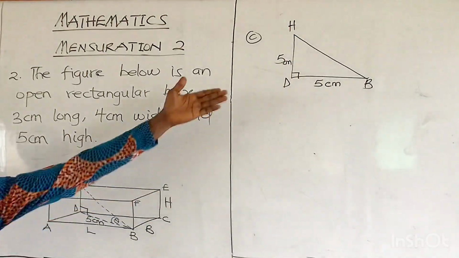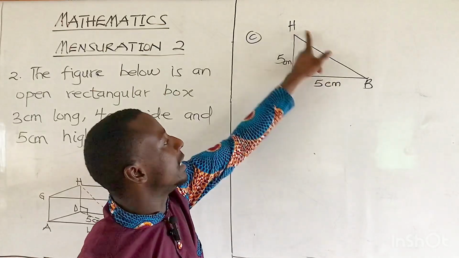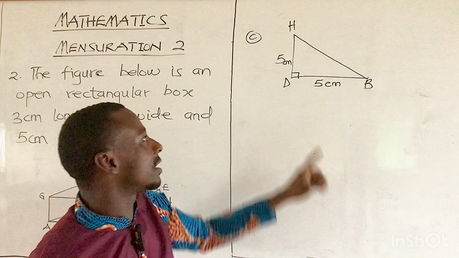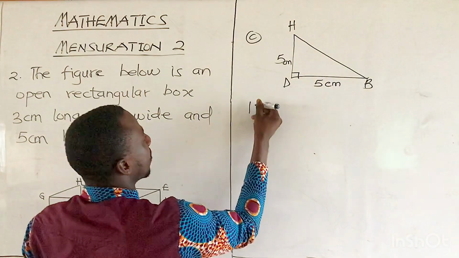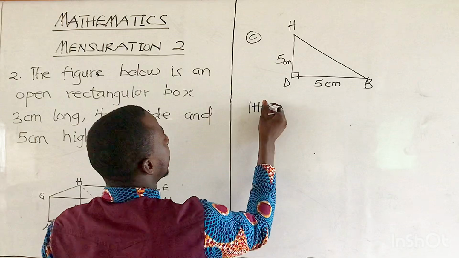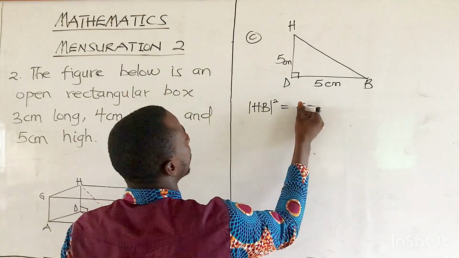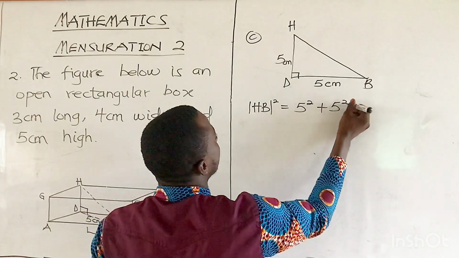Then now we can easily get the distance HB, for which HB is also the hypotenuse, because the 90 degrees is facing the HB. So we have HB squared is equal to 5 squared plus another 5 squared.